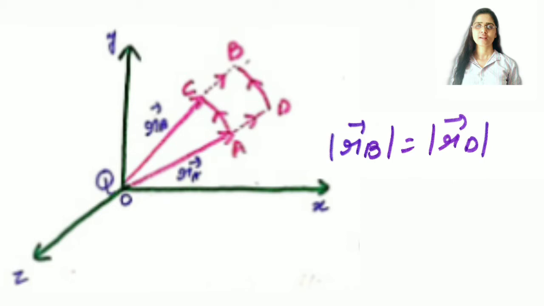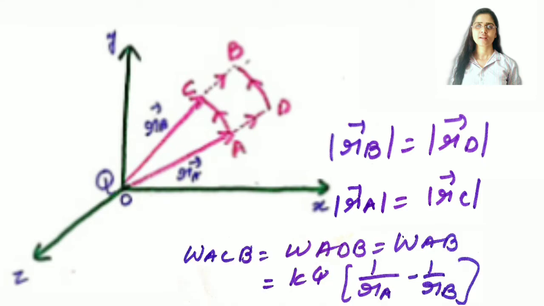In this diagram, modulus of vector R of D equals modulus of vector R of B, and modulus of vector R of A equals modulus of vector R of C. And therefore W of ACB is equal to W of ADB, equal to W of AB, equal to KQ in bracket of 1 upon RA minus 1 upon RB.